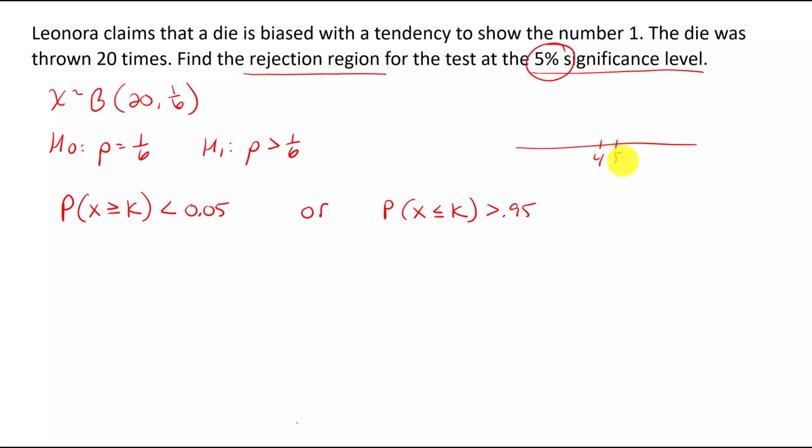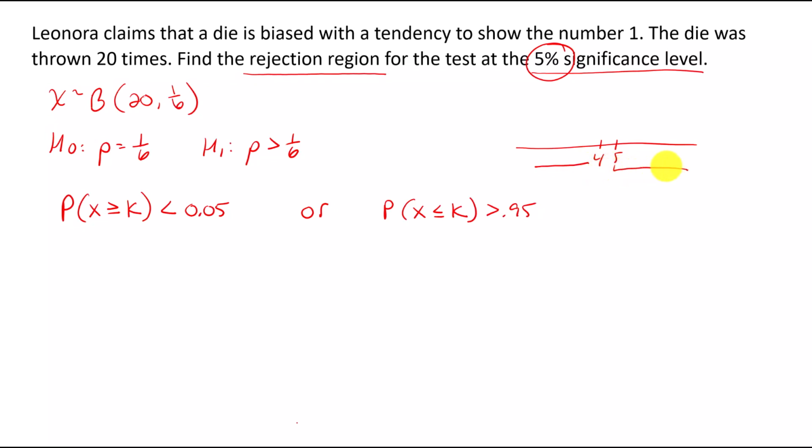If I find that the probability that x is greater than or equal to 5 is less than 5%, so think like 0.04, then the probability that x is less than or equal to 4 has to be more than 95%, because 95 plus 5 adds up to your 100% probability, or your 1 if you're doing the decimals.